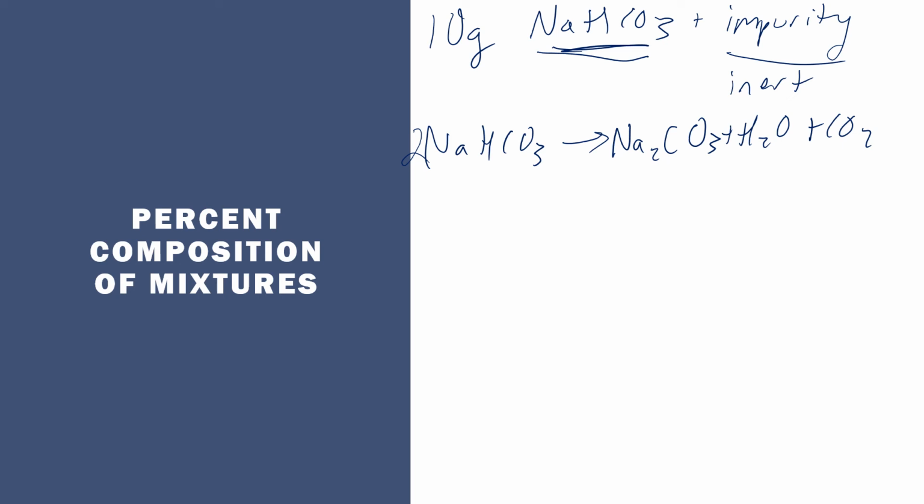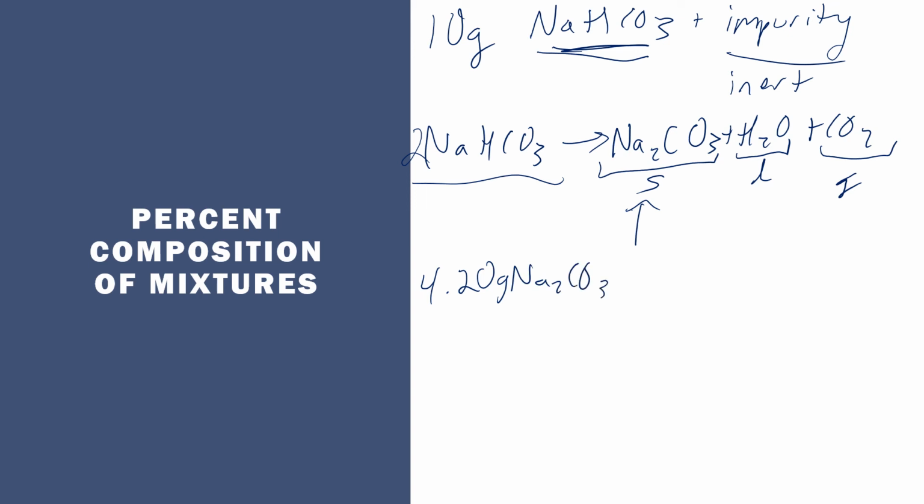So let's say we perform that reaction and the water becomes a liquid, right? Carbon dioxide is a gas, but the sodium carbonate is a solid. So once you perform the reaction of the 10 grams of this mixture, you're forming some solid, liquid, and a gas. You isolate just the solid sodium carbonate, and you find that its mass is 4.20 grams.